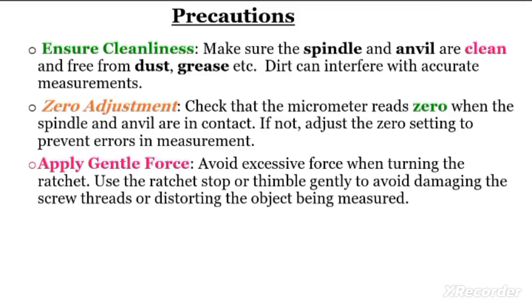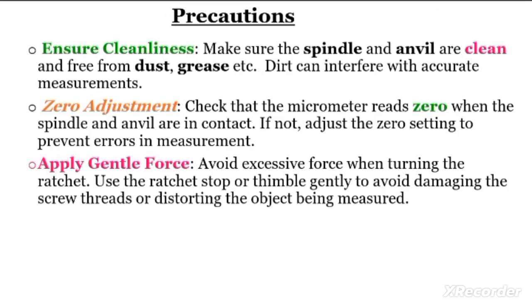Use the ratchet stop or thimble gently to avoid damaging the screw threads and distorting the object being measured. So these are precautions that we need to consider before taking a final reading on a micrometer screw gauge.